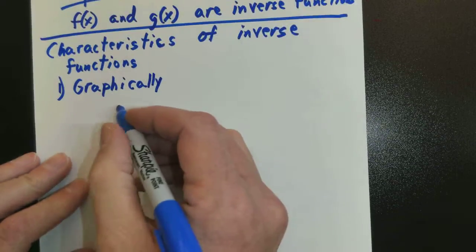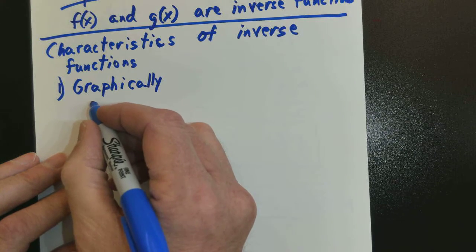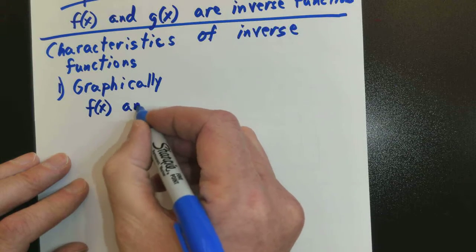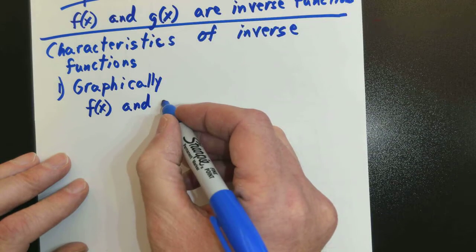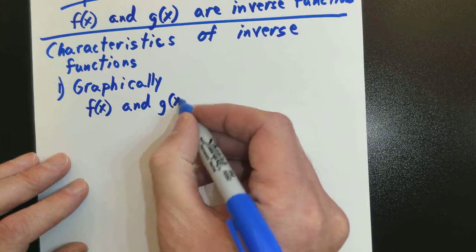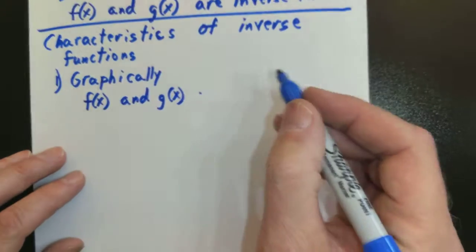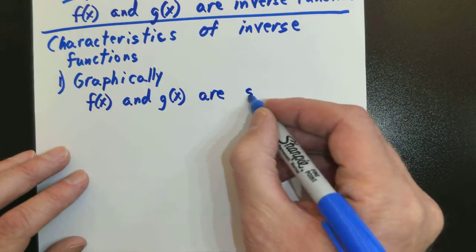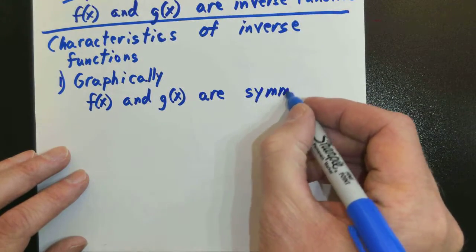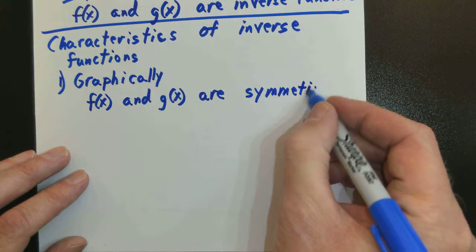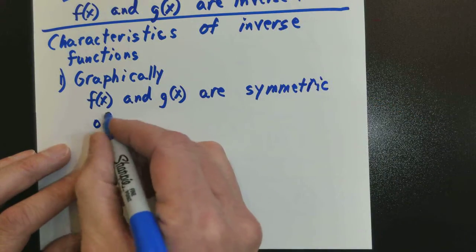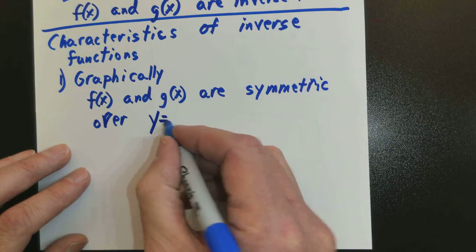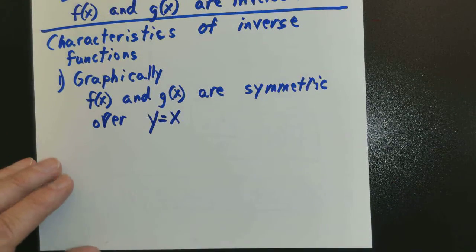Graphically, f of x and g of x are symmetric over the line y equals x.